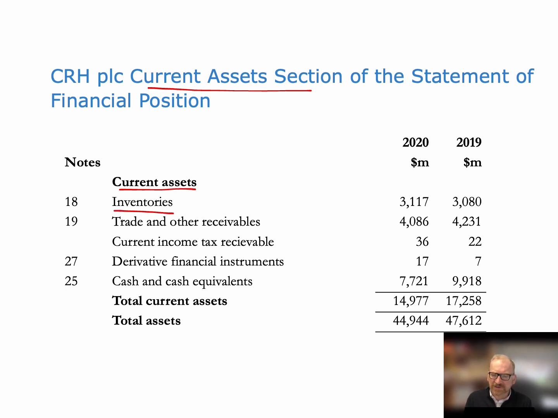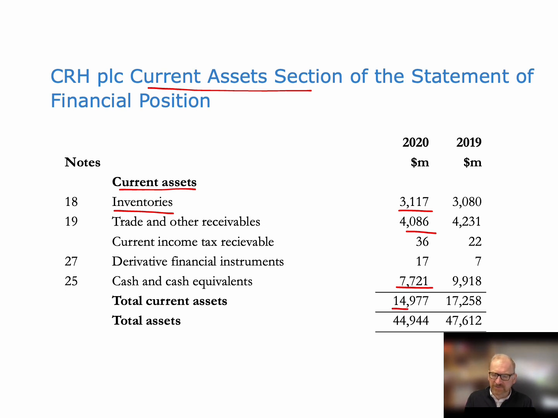Inventory, stocks. So CRH have about 3 billion of stock. Trade and other receivables are 4 billion. So that is what our customers, or what CRH's customers owe to CRH. And then cash, 7.7 billion. So they have a lot of cash on their balance sheet at the end of 2020.